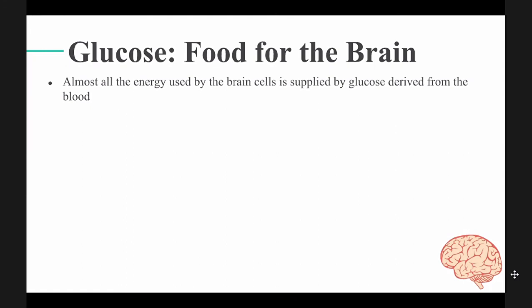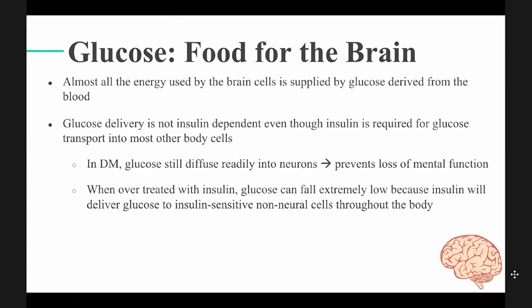So if the patient has hypoglycemia, okay, then yun ang magiging problem because the patient will have coma, brain coma. If you overtreat the patient with insulin, glucose can fall extremely low because insulin will deliver glucose to insulin-sensitive non-neuronal cells throughout the body. So hypoglycemia will affect the brain more than hyperglycemia.